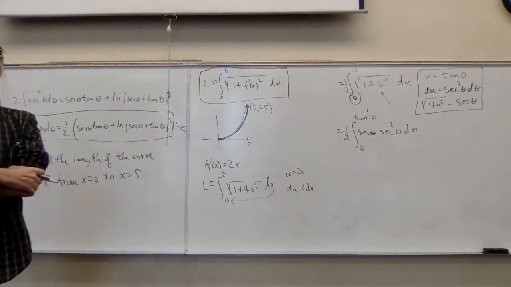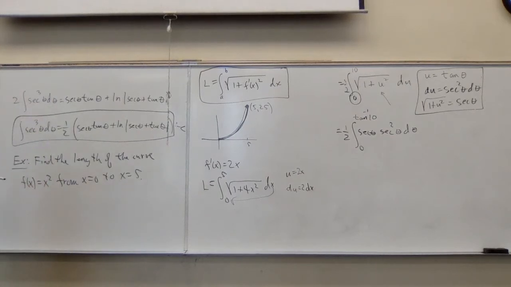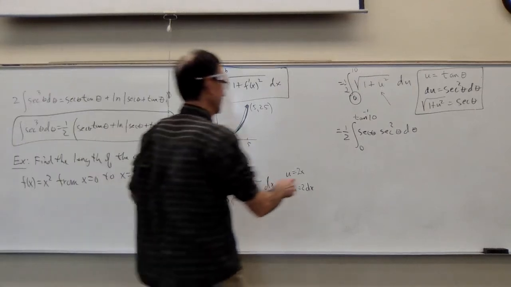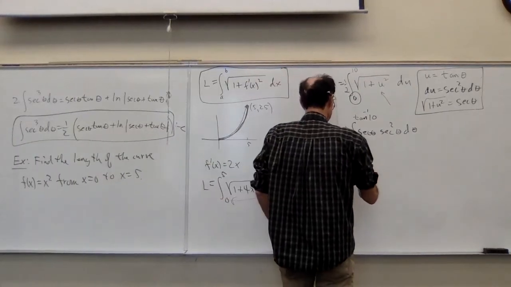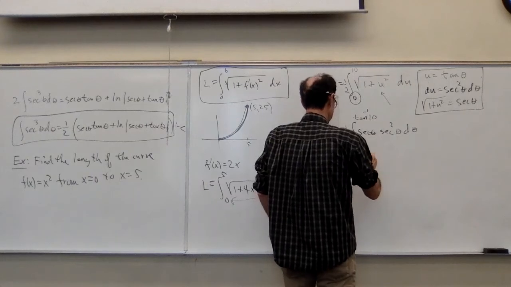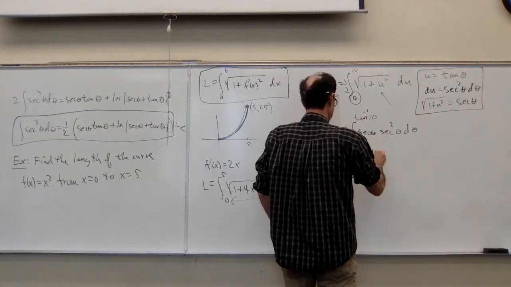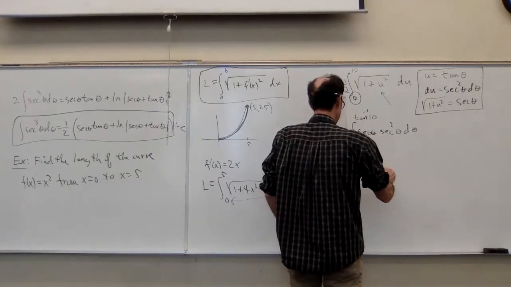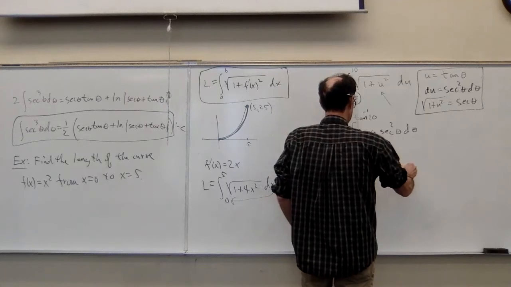Right, if u equals 10, tangent theta equals 10, so theta is the angle whose tangent is 10. And now let's clean this up a little bit. Integral 0 to the inverse tangent of 10, the arc 10 if you prefer, secant cube theta d theta.